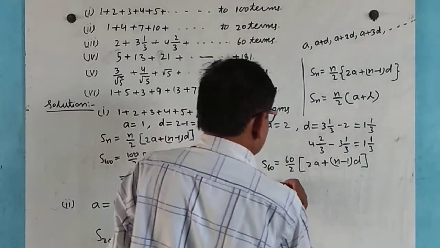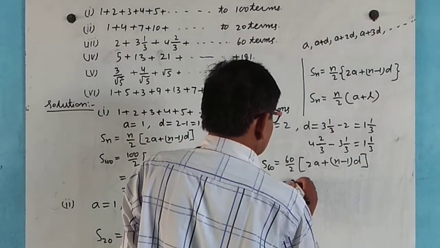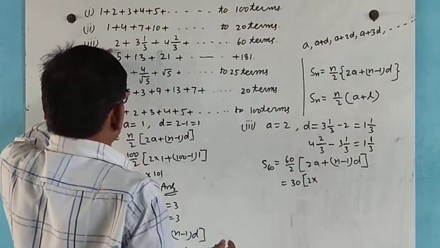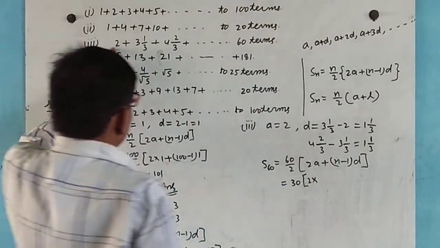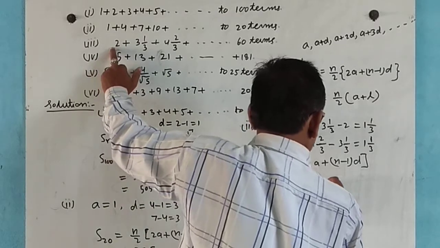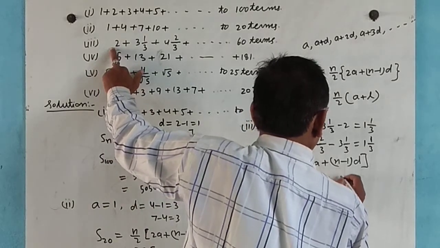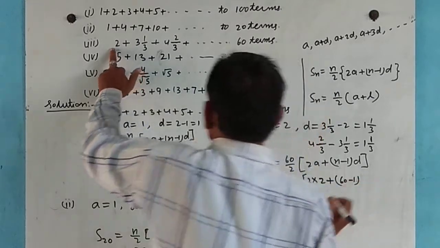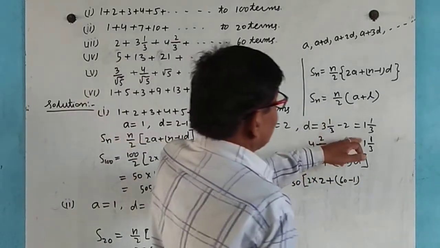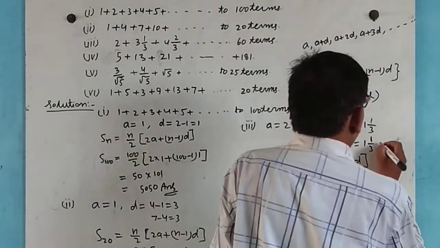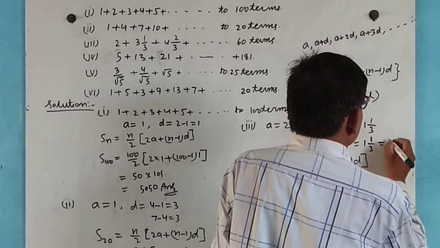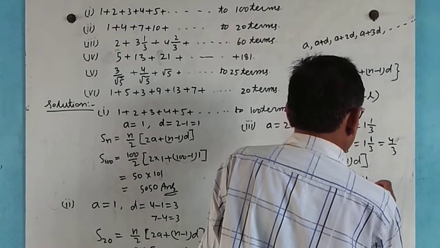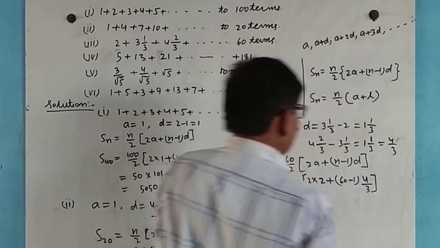In this case this is equal to 30, and 2 into a, where a is equal to 2, plus n minus 1, that is 60 minus 1, into d, equal to here 1 by 3, that is 4 by 3.